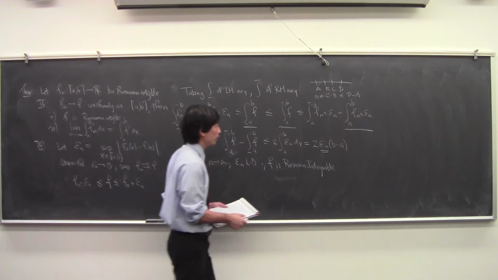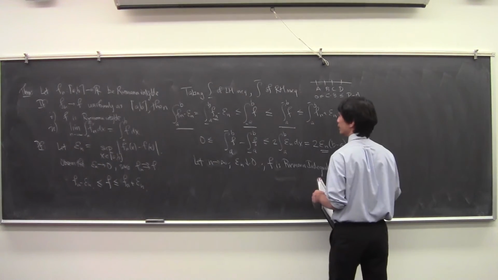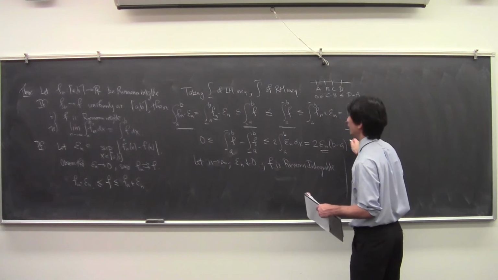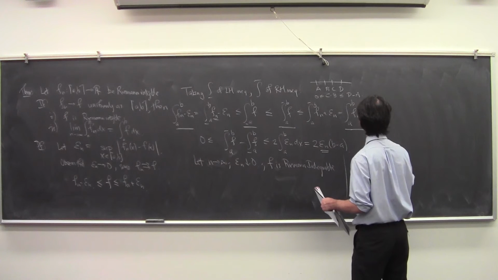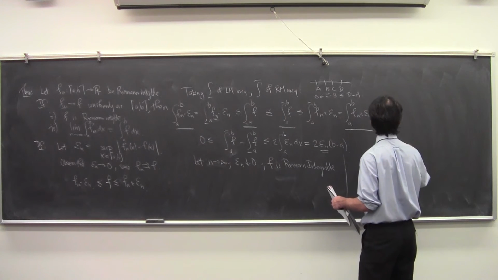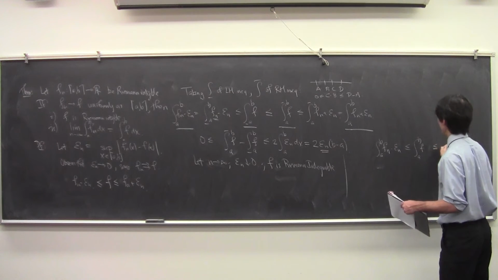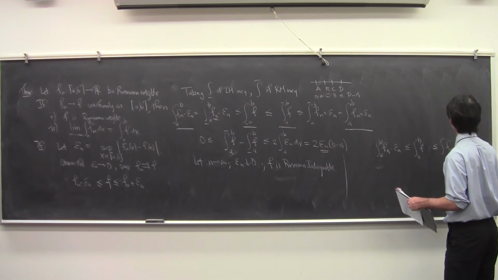Okay. And further, what you see also is that we have that fn minus epsilon n is less than or equal to the Riemann integral of f, which is less than or equal to fn plus epsilon n.